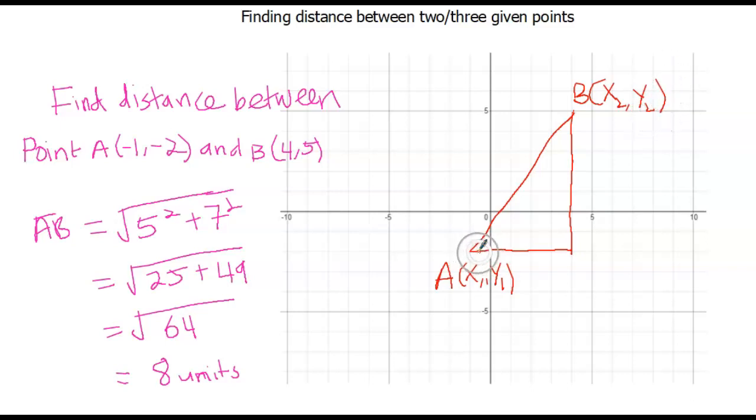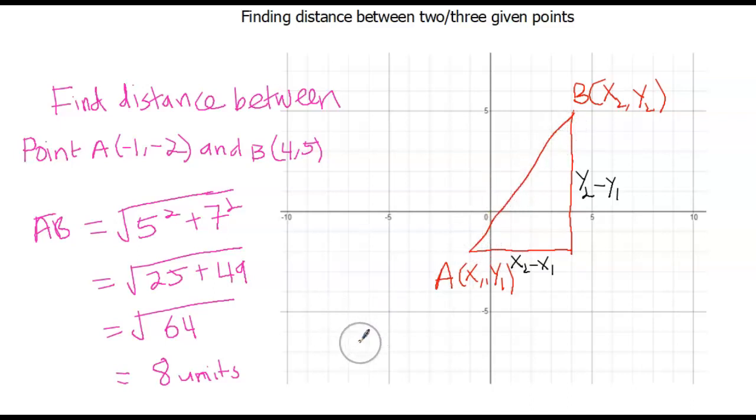For us to get these distances, how we got the 5 here was just x2 minus x1. And how we got the 7 was just y2 minus y1. And this length here is AB.